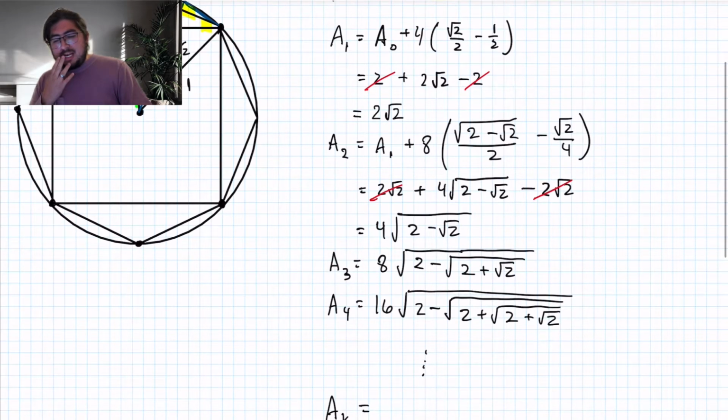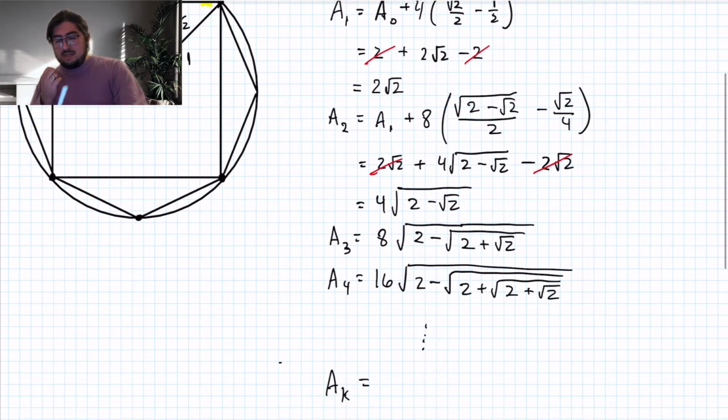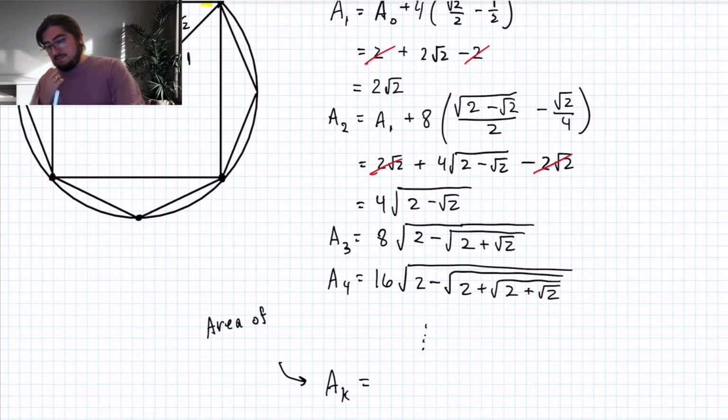Maybe not, because A3 was a 16-gon. So let me just write here and figure out what this actually is. This is the area of... I guess it would be a 2 to the k plus 1 polygon.